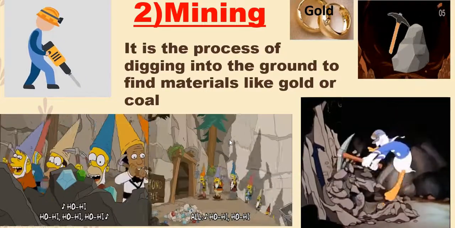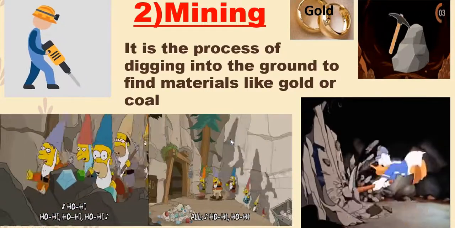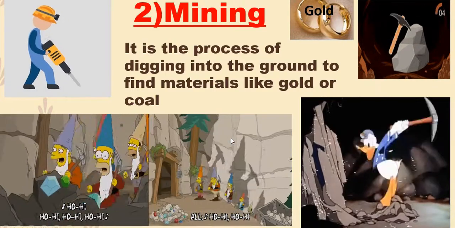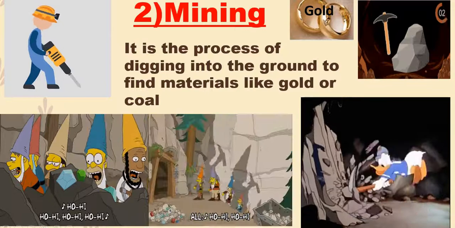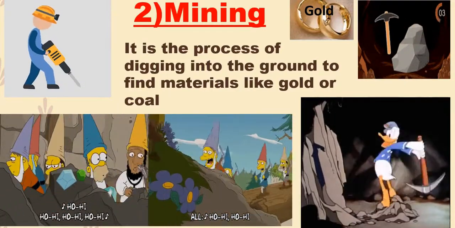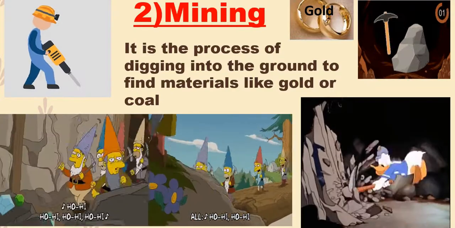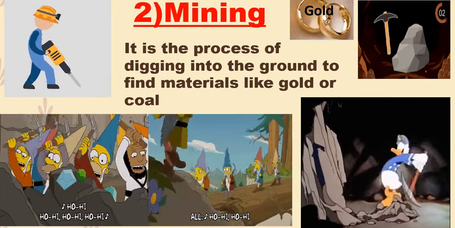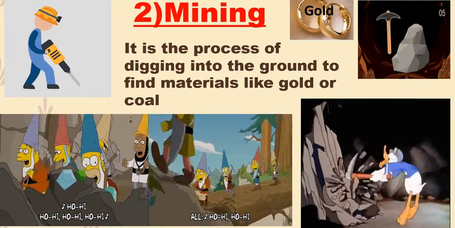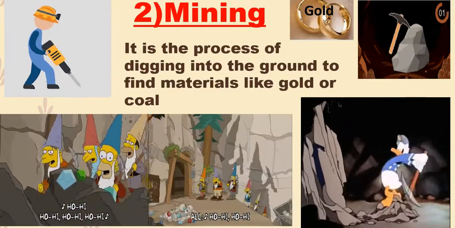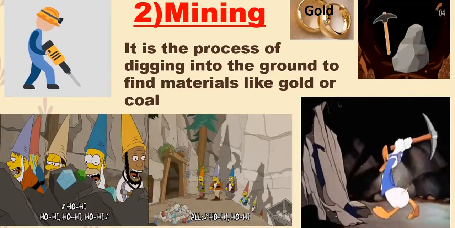It's a process of digging into the ground to find materials like gold or coal or silver or iron, all of that material found under the ground. So they start to dig into the ground to search for these materials.